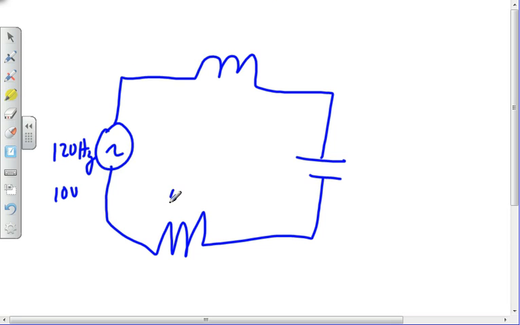Let's see, we got 10 ohms there, is my resistance. My inductance, why don't we have it be 50 millihenry.